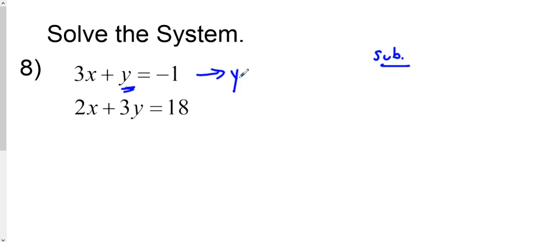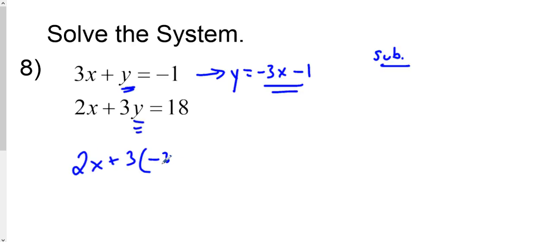So I'm going to have y equals, let's subtract 3x, negative 3x minus 1. Now I'm going to use that and substitute it into the y value here. So we're going to have 2x plus 3 times negative 3x minus 1 equals 18.